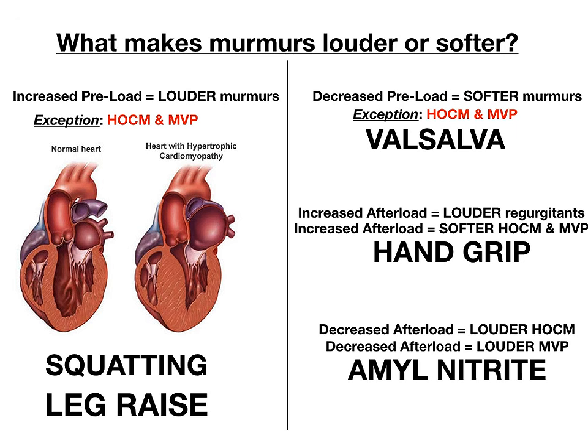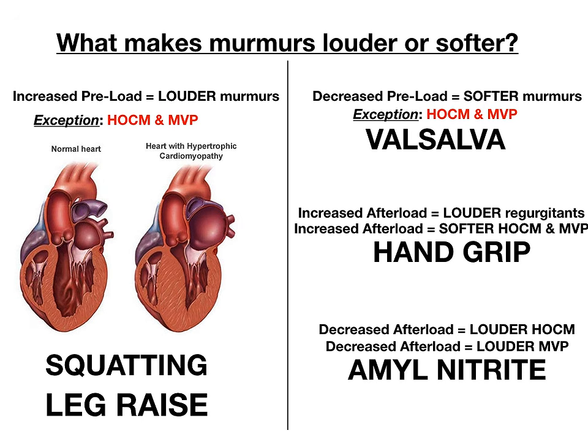This is a very high yield concept, so I'm going to explain this. When you have hypertrophic obstructive cardiomyopathy, or HOCM for short, the heart becomes hypertrophied, and the septum kind of bulges and blocks the outflow tract. So, normally, more blood flowing across a valve or into the heart makes murmurs louder.